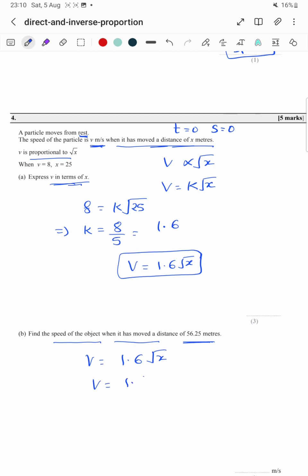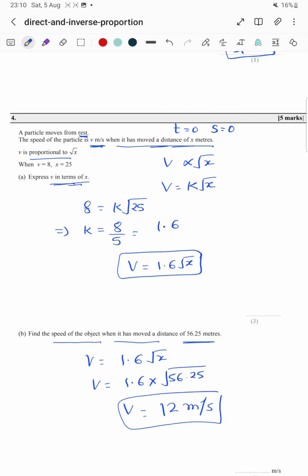Now I can replace the square root of x by the square root of 56.25, and I have to multiply it by 1.6. So this velocity or the speed will come out as 12, and the unit will be 12 meters per second. So this will be the answer.